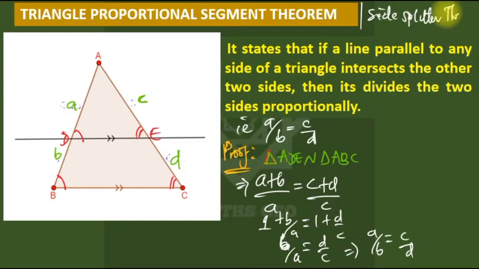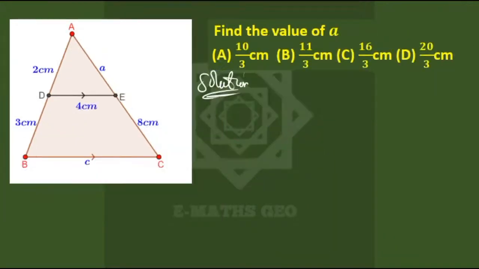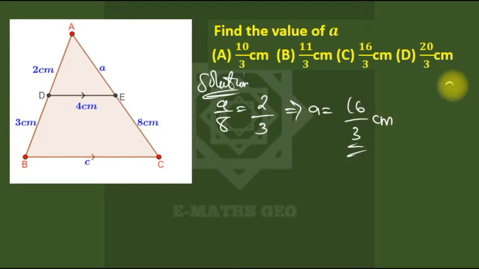So that's another name. We're looking for A. A over 8 will be equal to 2 over 3, which implies that A is 16 over 3. That's the answer. So it's very simple. Option C.